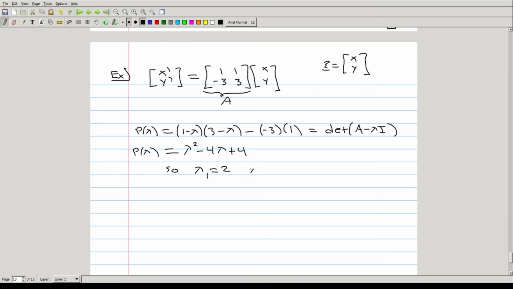Lambda 1 equals 2 and lambda 2 equals 2 are eigenvalues. And these are non-distinct eigenvalues. So they're eigenvalues that have multiplicity 2.